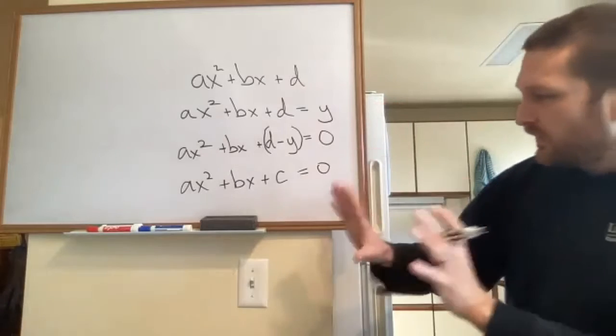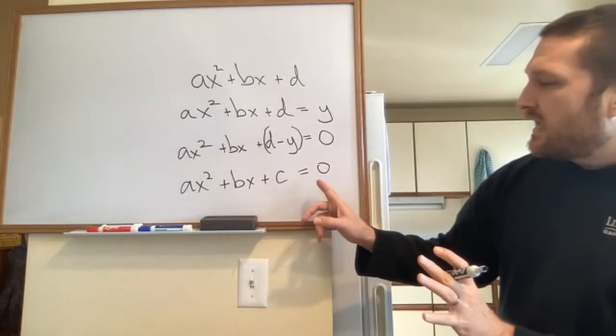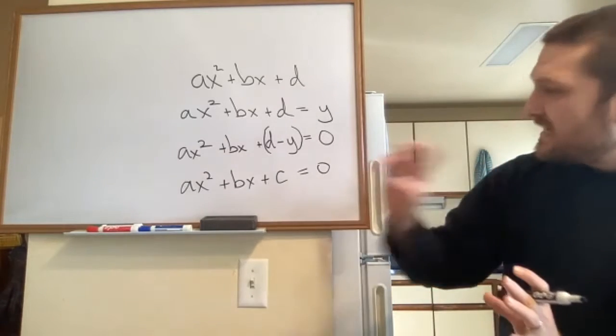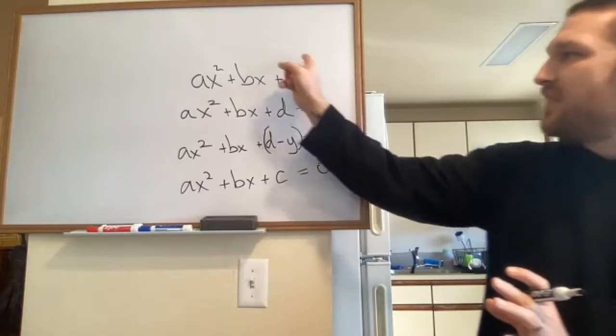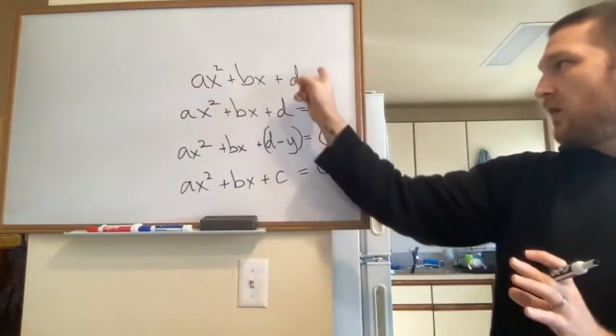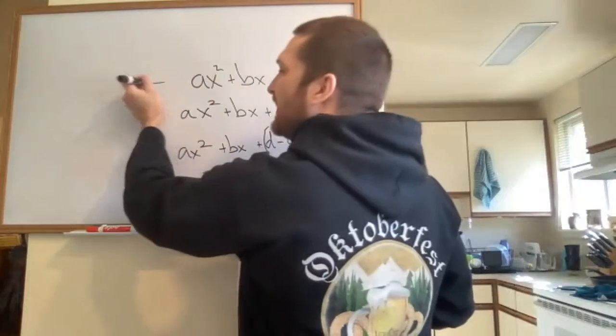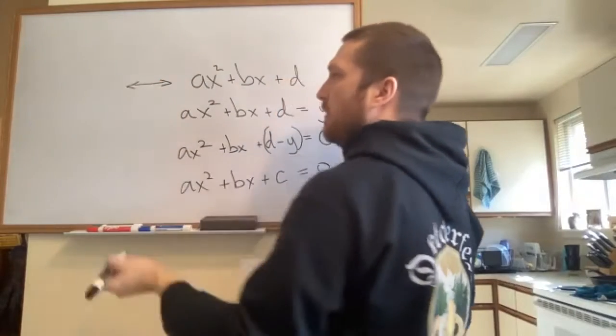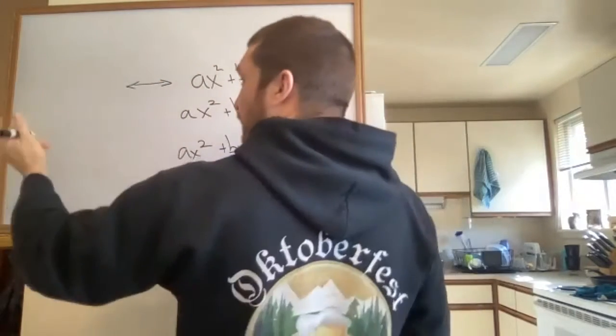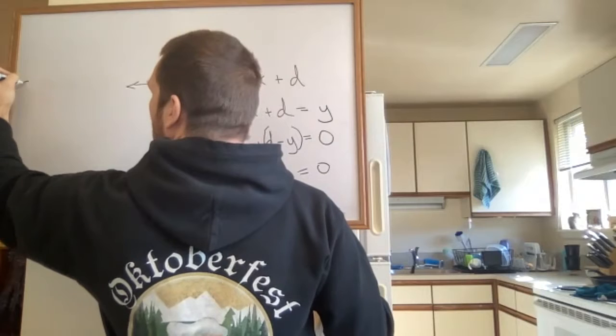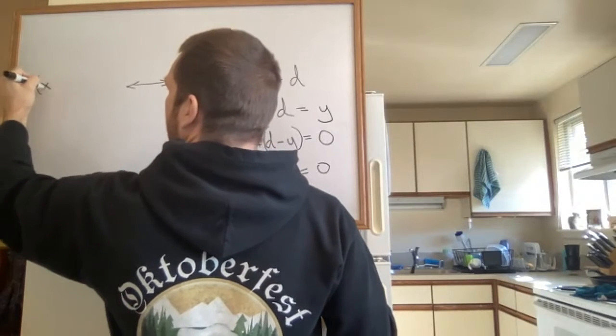So the idea was, if we could take this thing right here, this quadratic, and if we could turn it into a different form, and in particular, the form that we're looking for looks something like this.